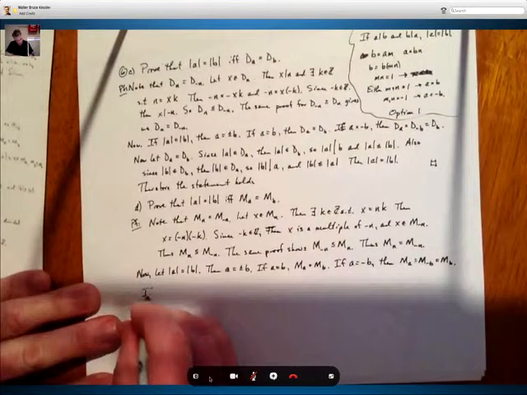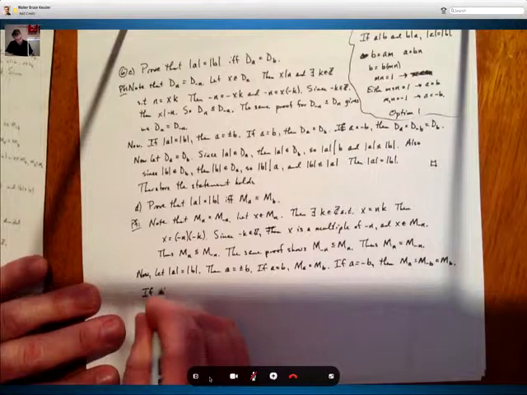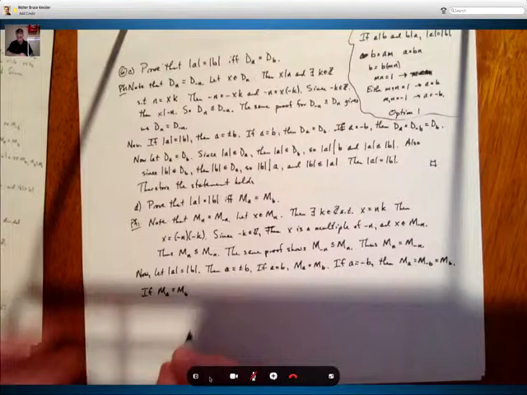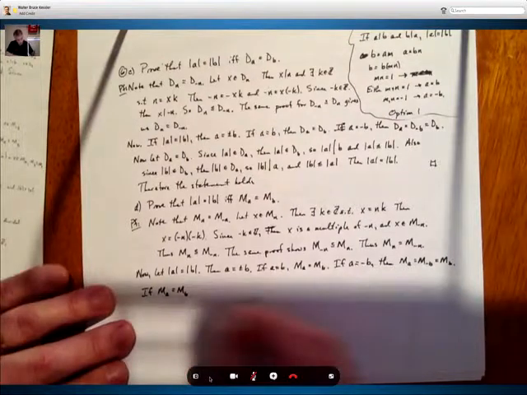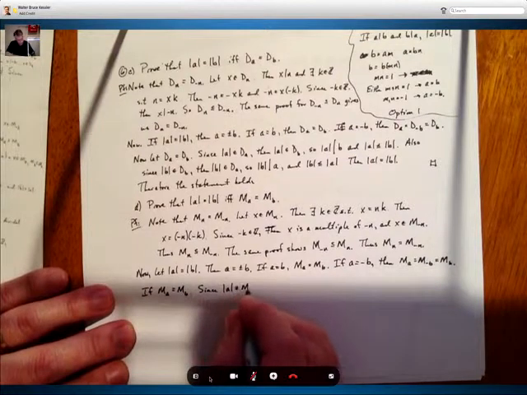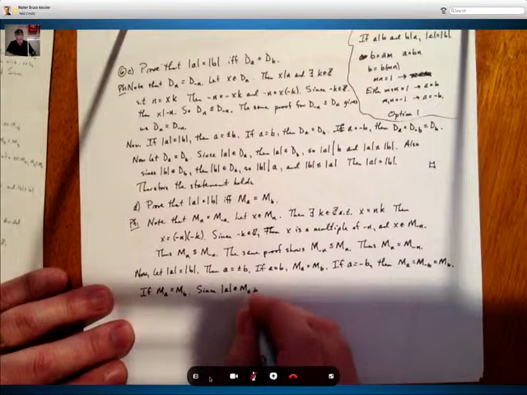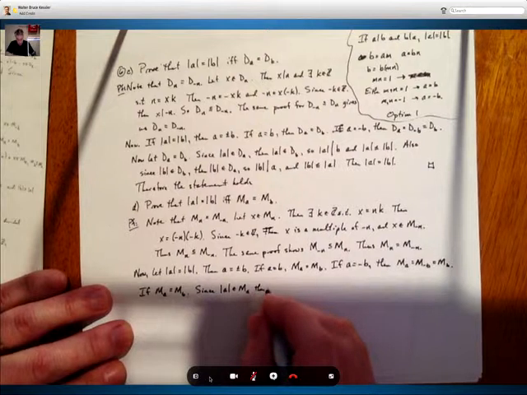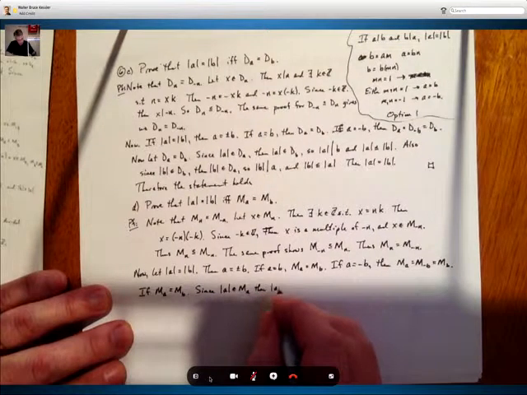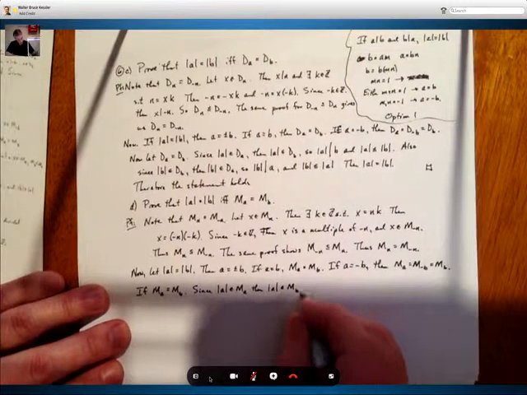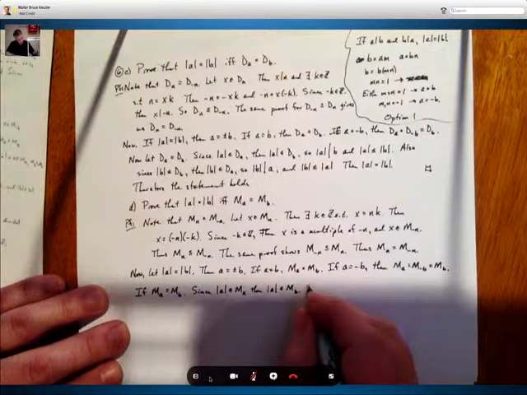Now let's go the other way. If M of a equals M of b, now I think you've got to step in and do some stuff here. Since the absolute value of a is a multiple of a, then the absolute value of a is in M of b.